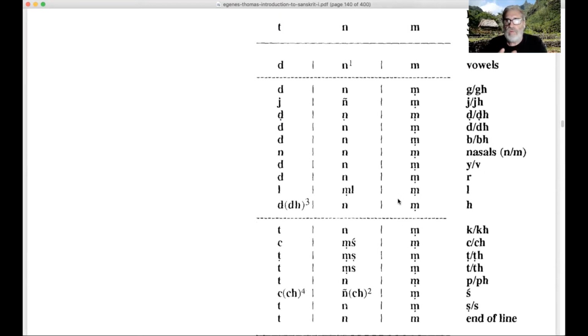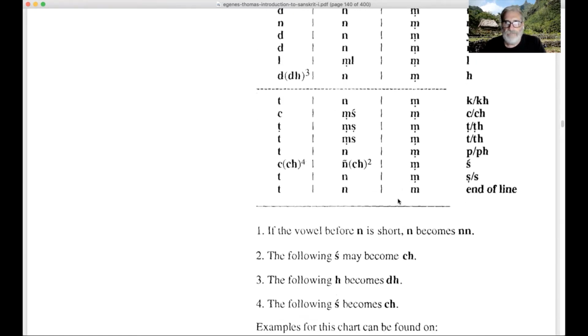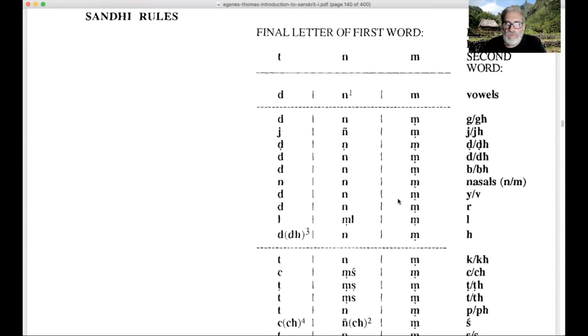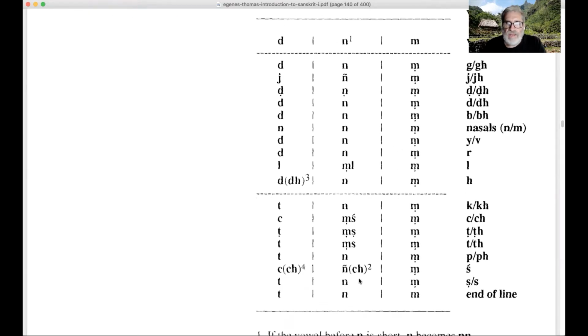So you just break it. The way you break it is you take one of the Ns out and separate the words.